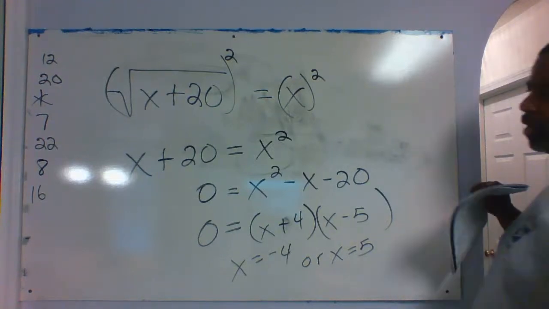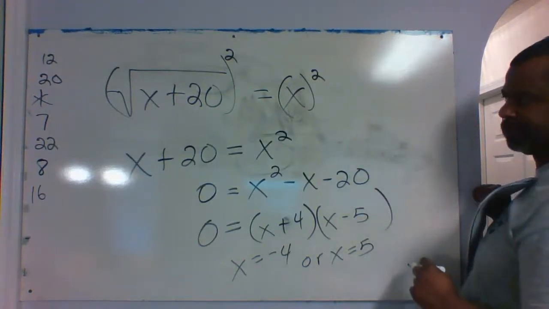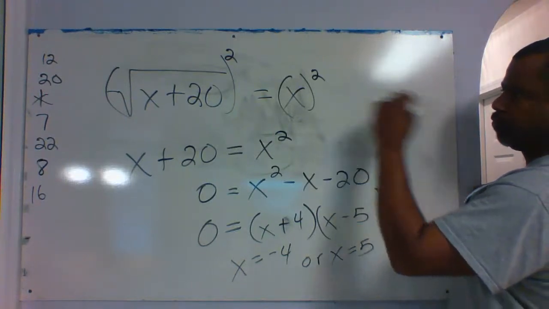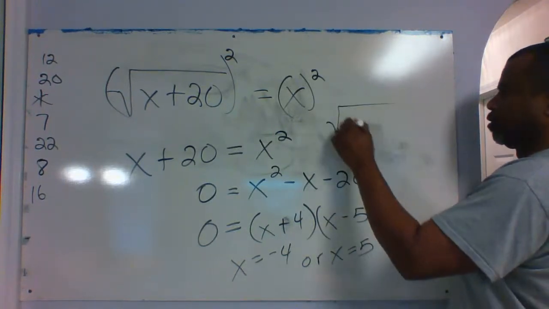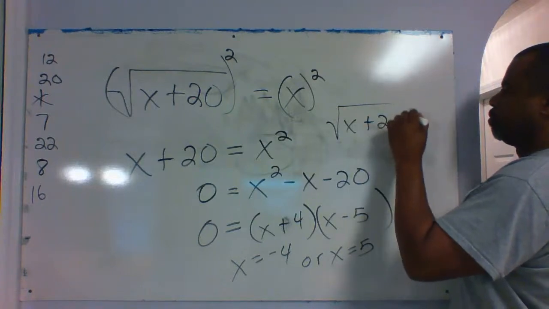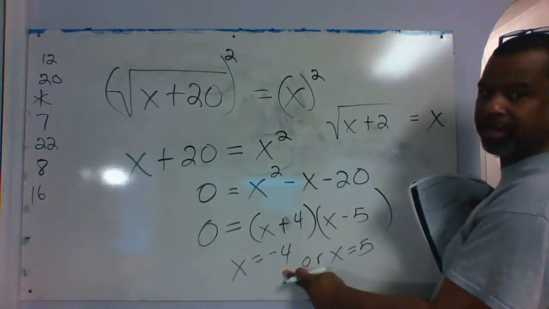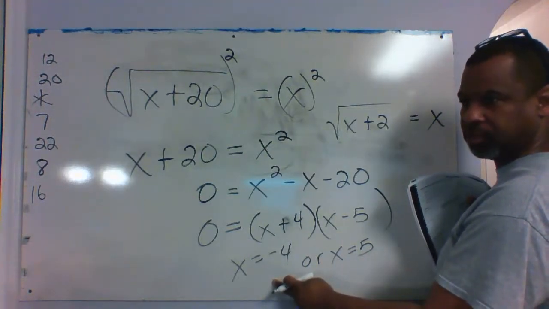All right, now we got to go back up to the top to check it. So if we do x plus 20 is equal to x, we know that -4 is the extraneous solution.